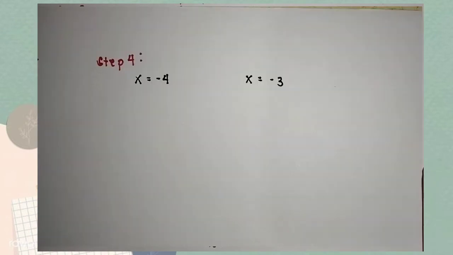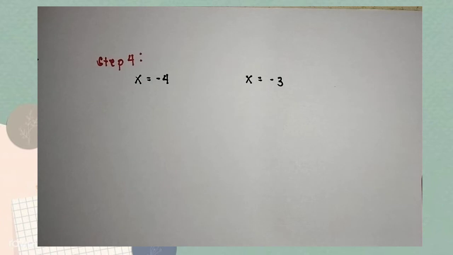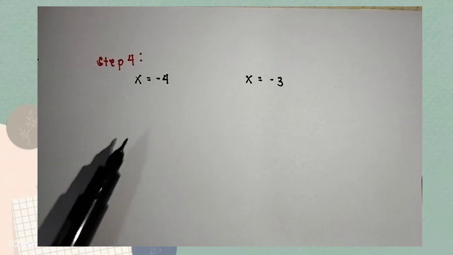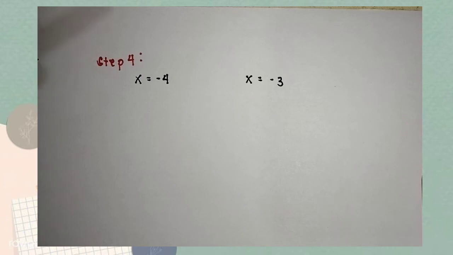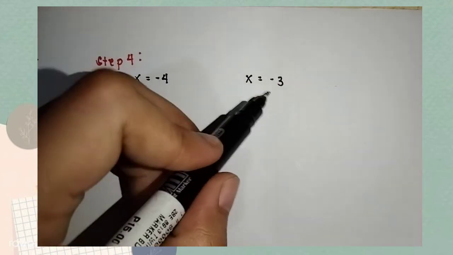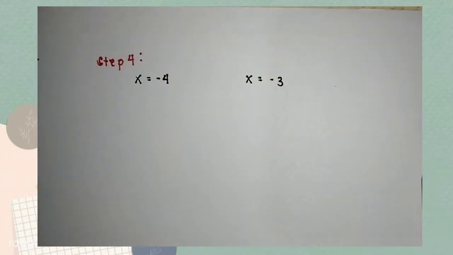Okay? So, syempre, kailangan din nating i-test kung yung bang roots ng ating nakuhang root sa ating corresponding quadratic equation ay tatama dun sa ating quadratic inequality. Okay? So, let's substitute the values of x equals to negative 4 and x equals to negative 3 to our quadratic inequality.